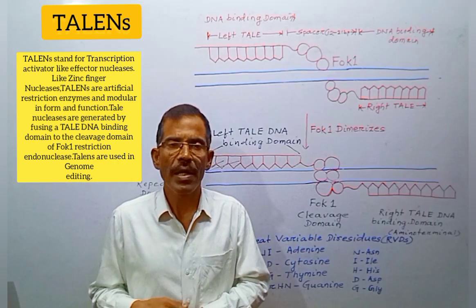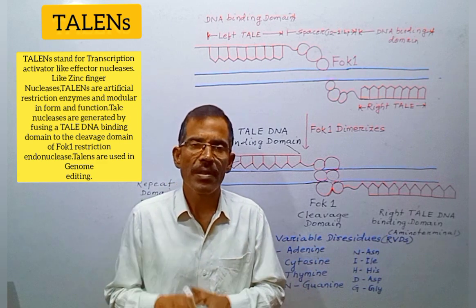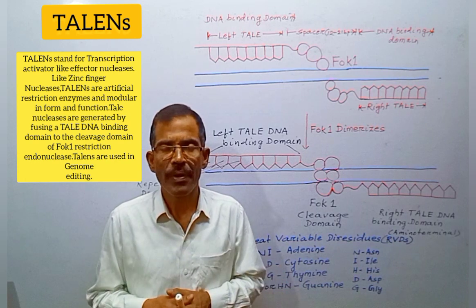TAL DNA binding domains can be assembled by a variety of methods. The most straightforward approach is Golden Gate assembly.